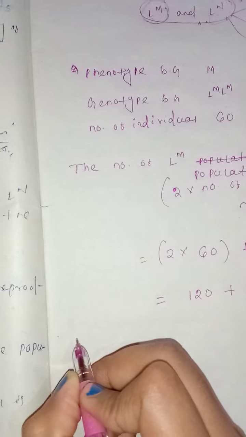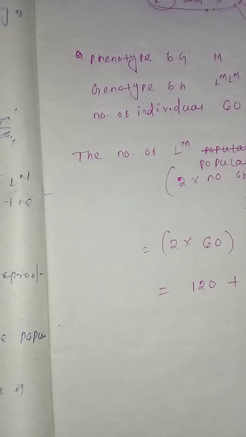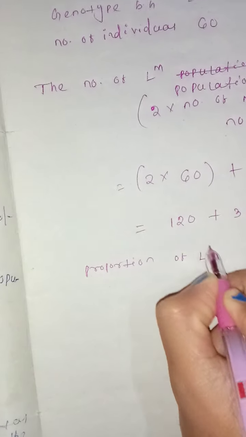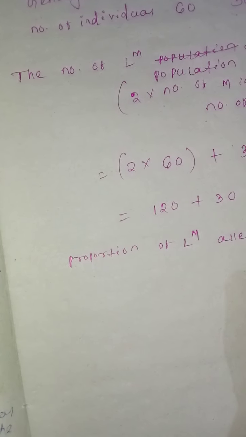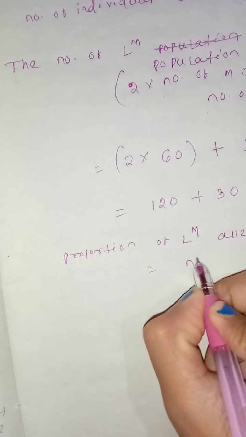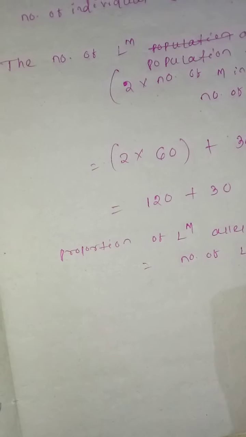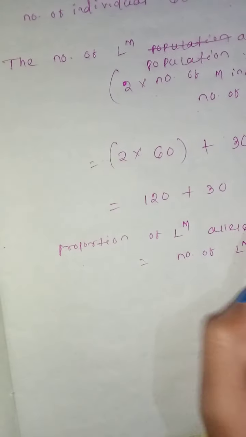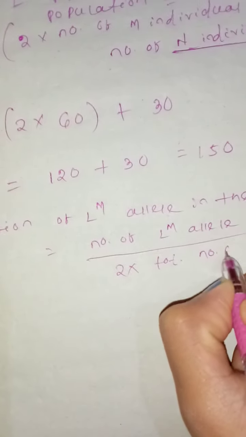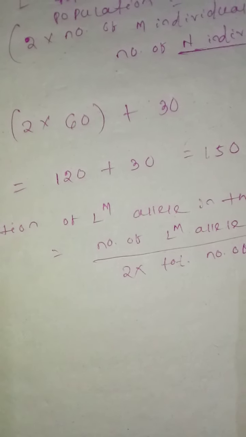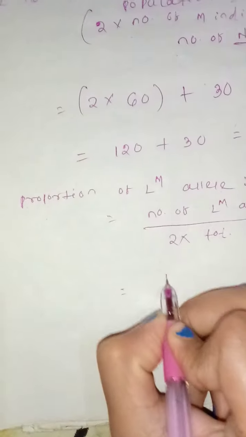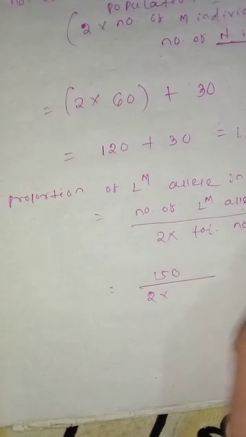Then the proportion of LM alleles in the population is equal to the number of LM alleles in the population, which is 150, divided by 2 times the total number of individuals.